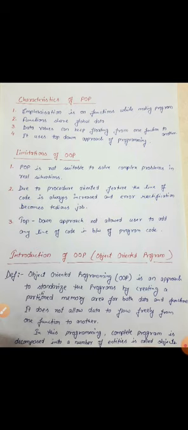Software objects are also the same as real world objects, they also have characteristics and behavior, but the characteristics defined here have the name data members and behavior defined here is member methods, or we can say functions.